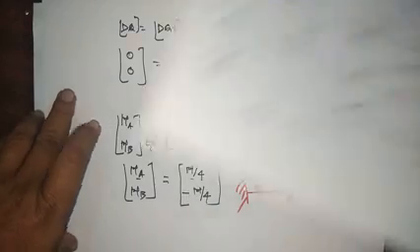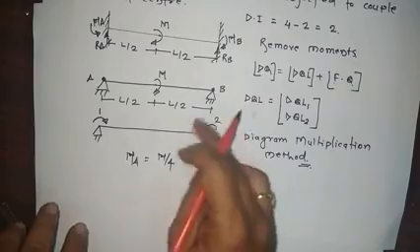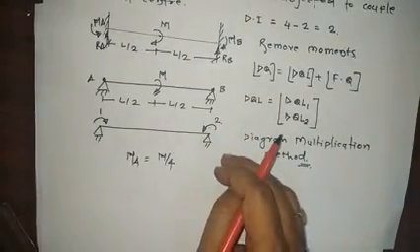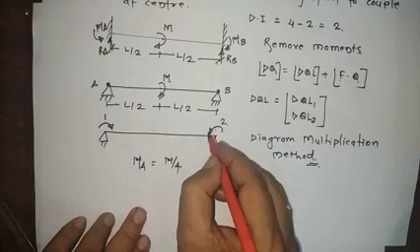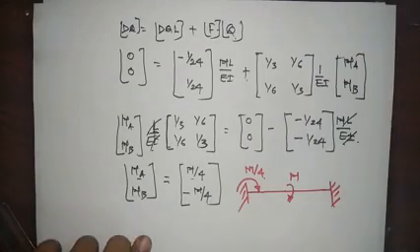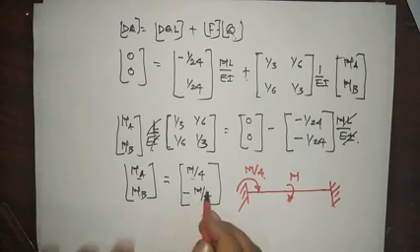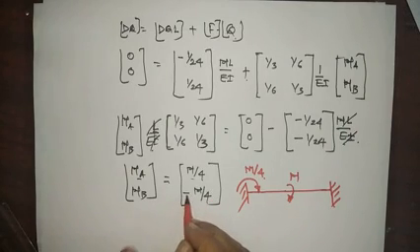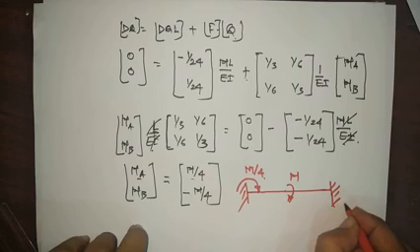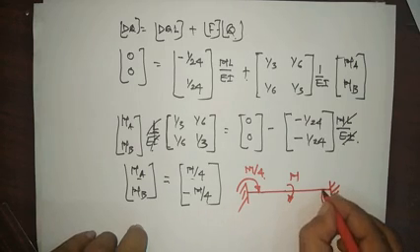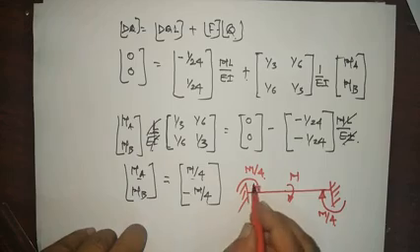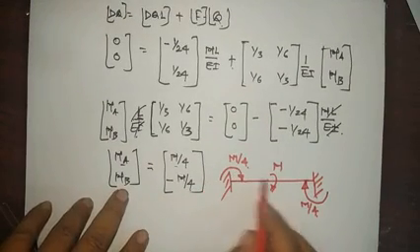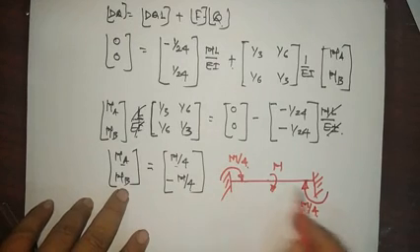It means here we assumed anti-clockwise, but the value is minus, so our direction is wrong. So the direction of this MB will be clockwise. So these are the fixed moments, MA and MB. This clockwise moment produces these clockwise fixed moments. Thank you.